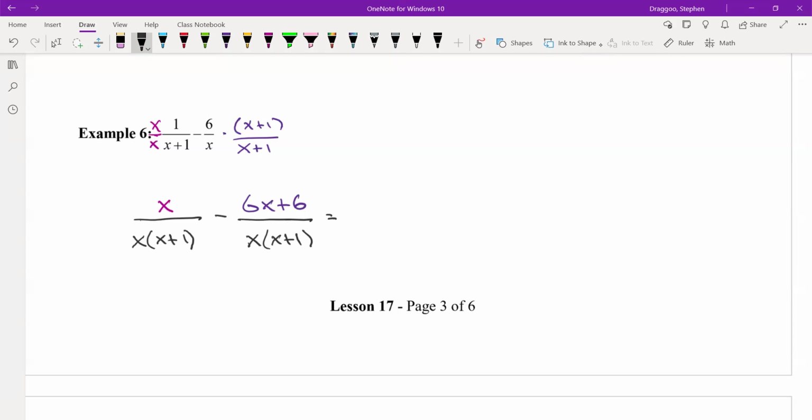And then subtract these two fractions. Be careful with the negative. It's got to distribute all the way through the piece on the right because I'm subtracting that whole function. So it should look like x minus 6x is negative 5x minus 6, and that'll be over our x squared plus x.